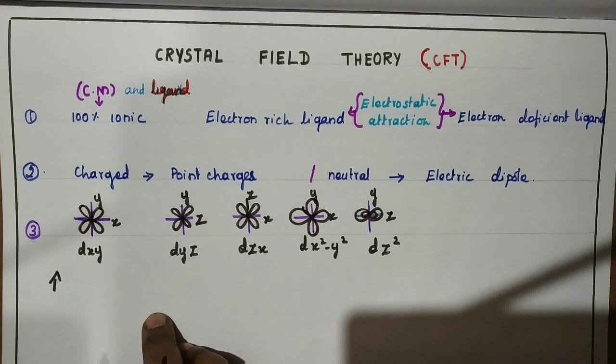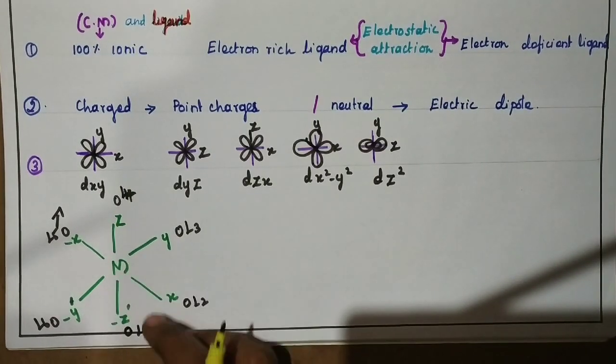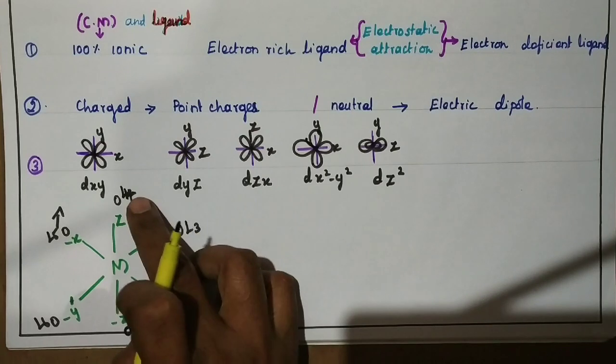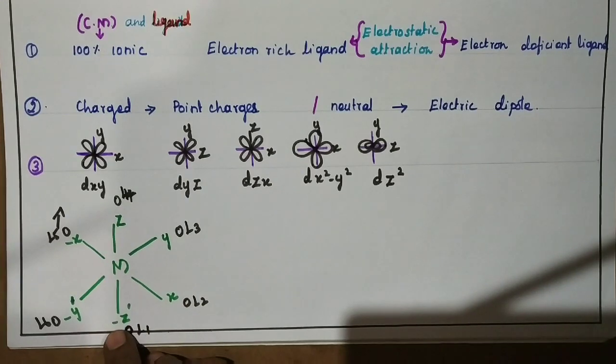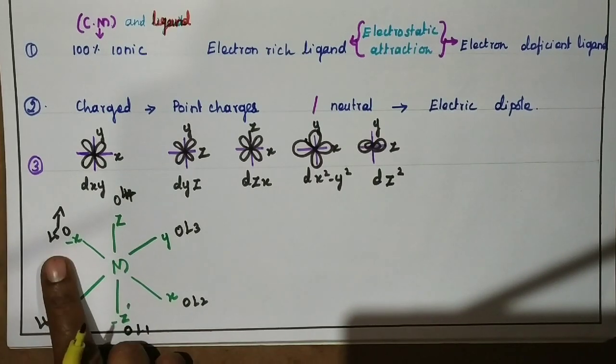Let us consider an octahedral field in which the central metal ion is located at the origin and the 6 ligands are coming from the plus x, minus x, plus y, minus y, plus z and minus z directions. Ligand 1, 2, 3, 4, 5 and 6.